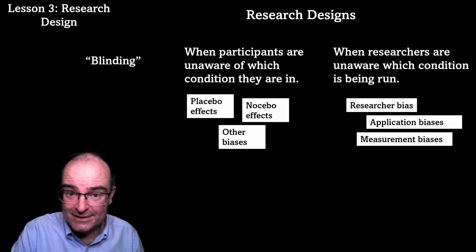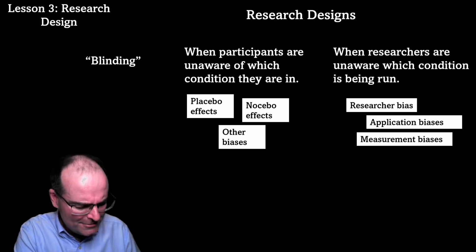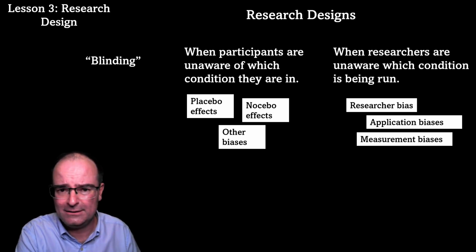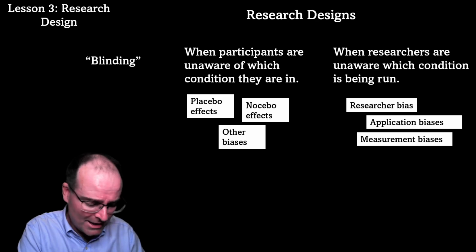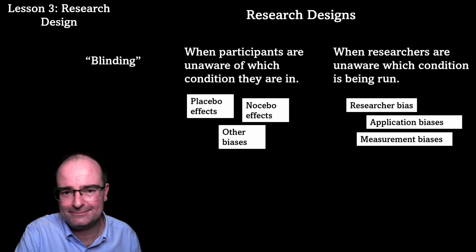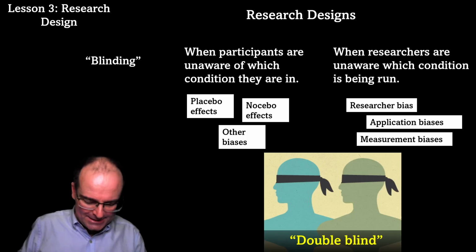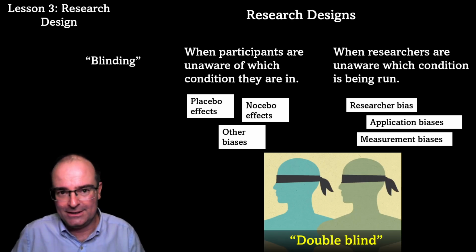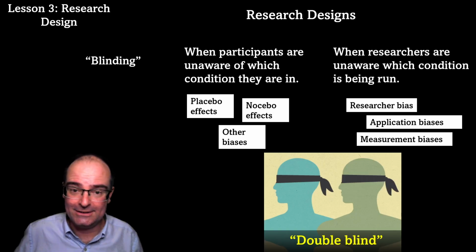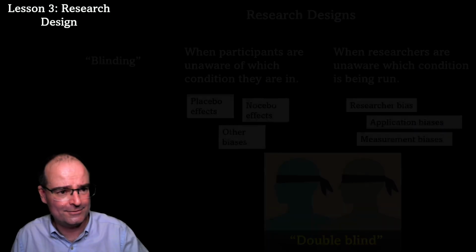And when you're coding the data, even if it's good qualitative research, if you know what condition they were in, then you might have unconscious measurement bias or fully conscious measurement bias. If participants are blind and researchers are blind, then that's called double blind, and that's the gold standard for research designs where you've got multiple conditions.